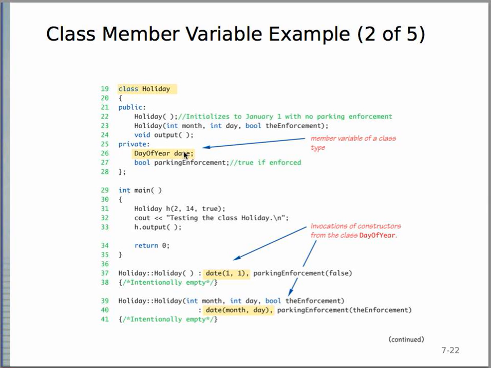And if you want to initialize this member variable date, which is an object, you can use the constructor in the initialization section. Okay, so an extremely useful way of initializing objects. In the initialization section of Holiday, you can call the constructor of an object.